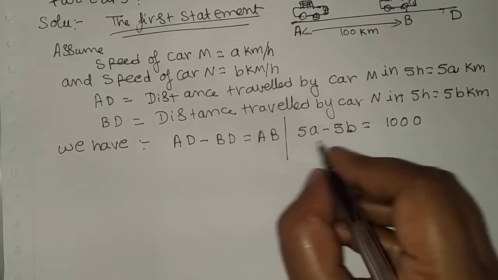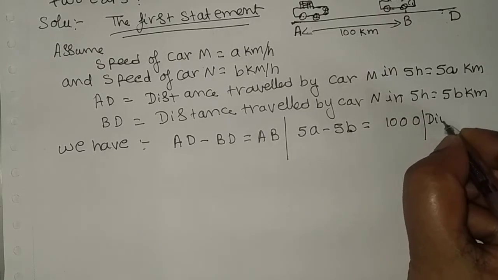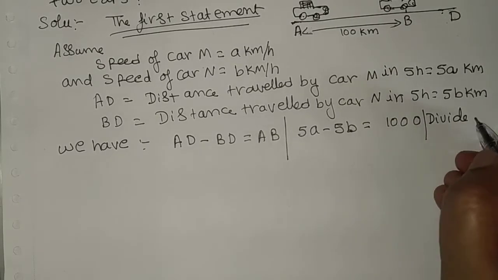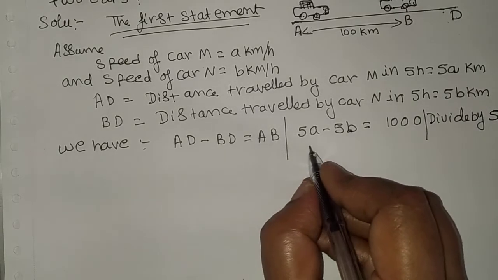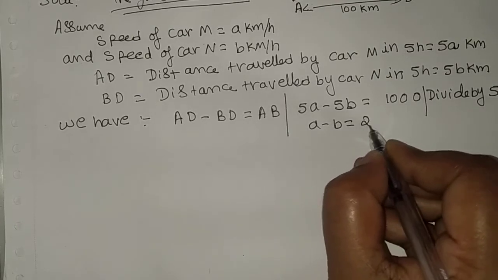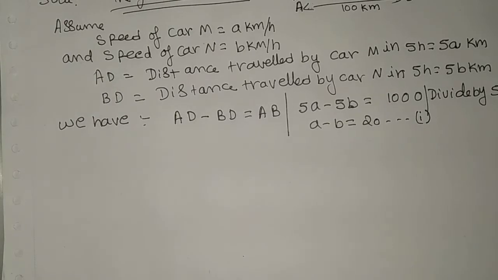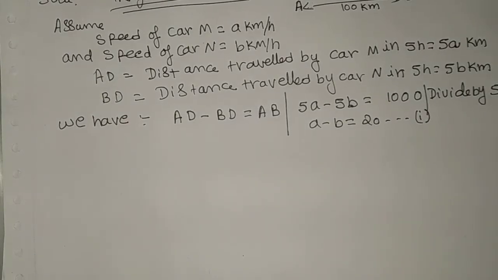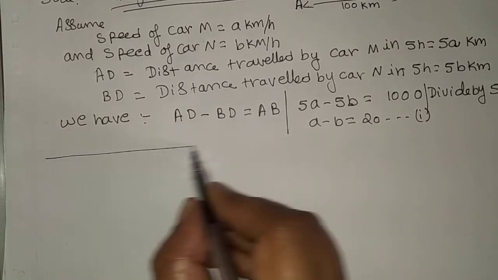Now divide this equation by 5. After dividing, we get a minus b is equal to 20. Keep this as equation 1. So from the first statement of the question, we got equation 1.